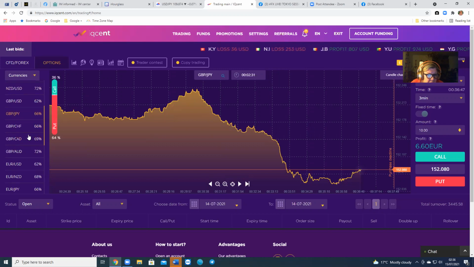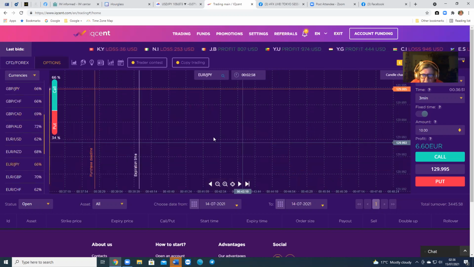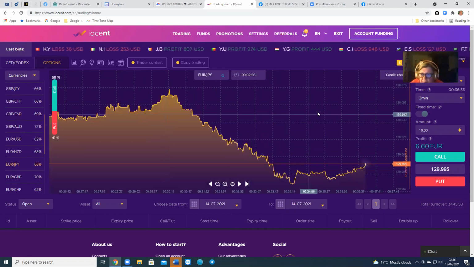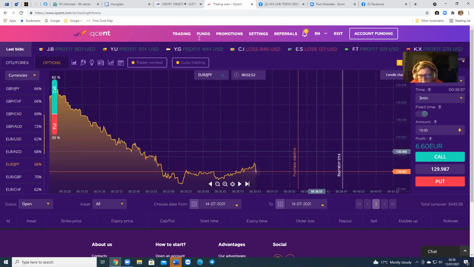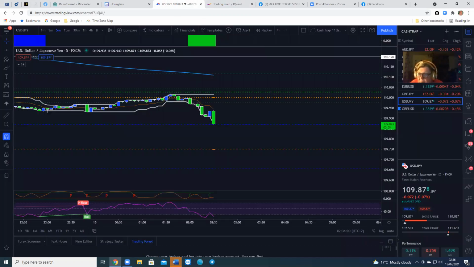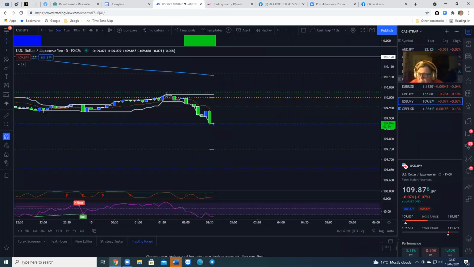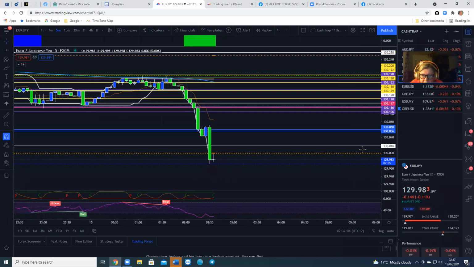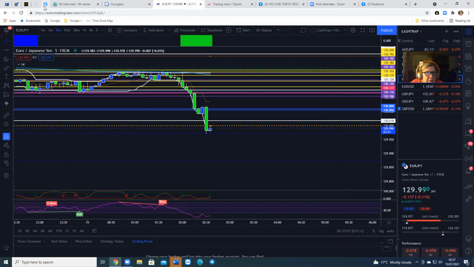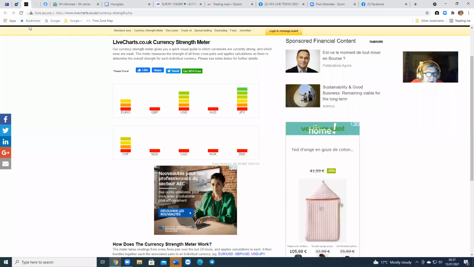I only want to do GJ or Euro JPY. Oh, Euro JPY, just hitting that 130 level, which is an extremely significant area. 130. Let me look on here.